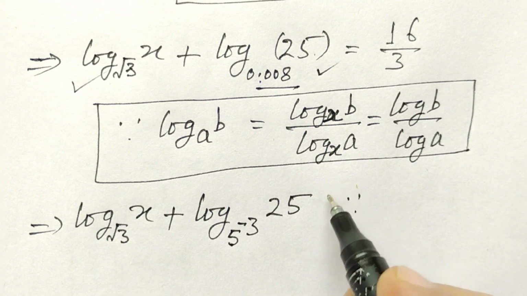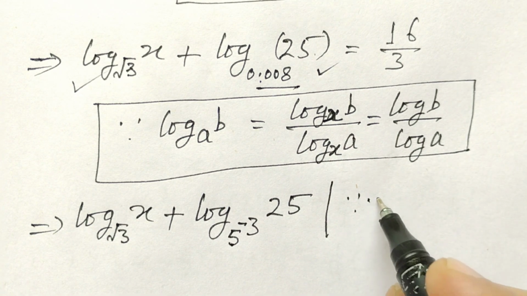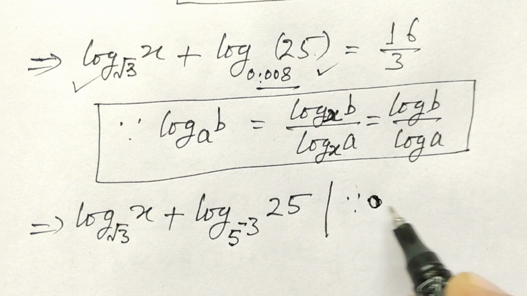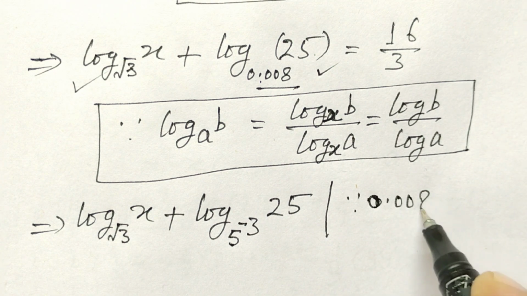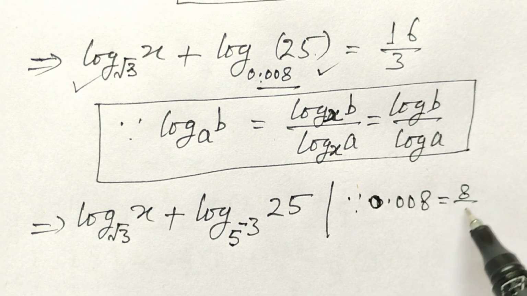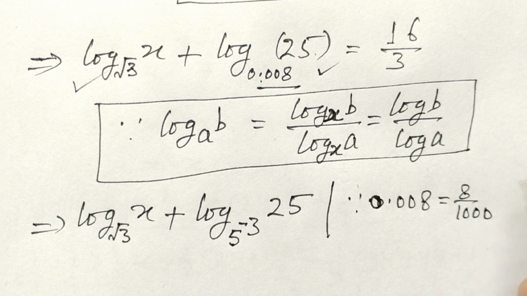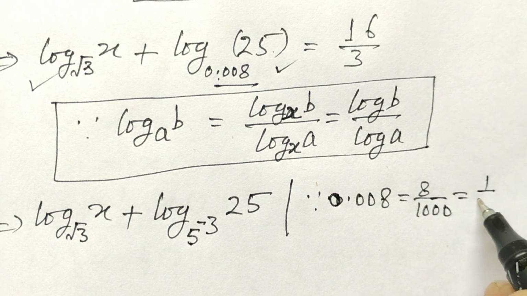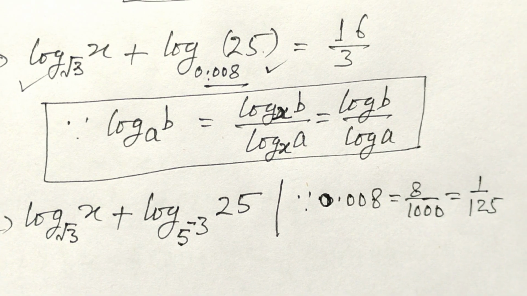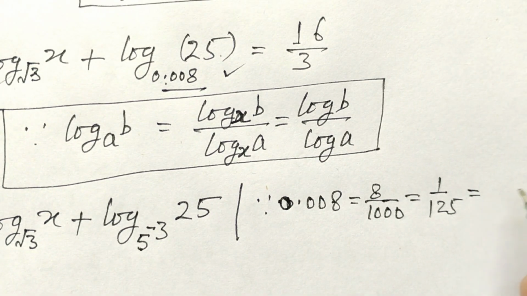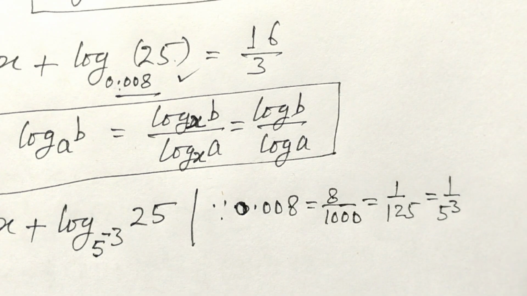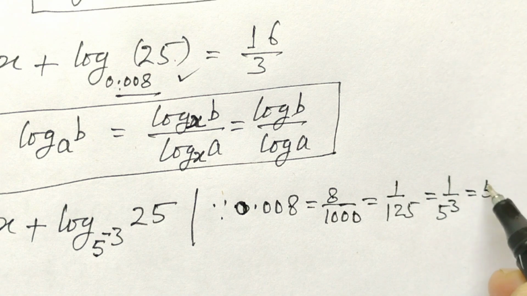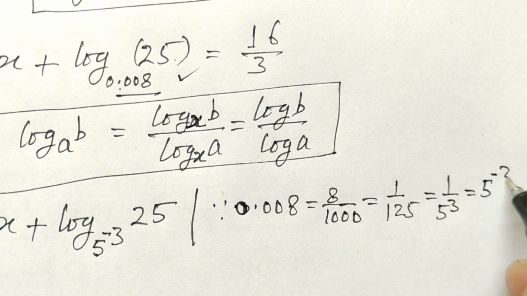Because 0.008 is equal to 8 over 1000, which is equal to 1 over 125, or 1 over 5 to the power 3, which is 5 to the power minus 3.